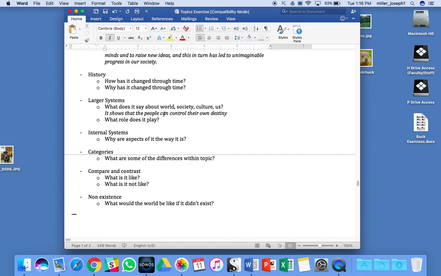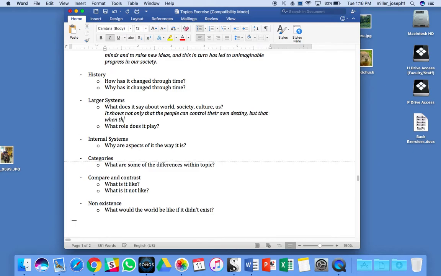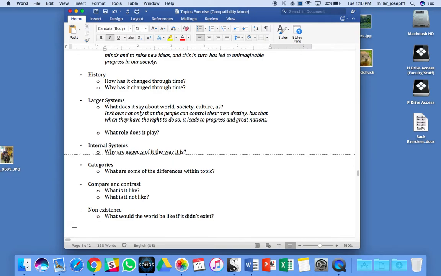Shows not only that people can control their own destiny, but that when they have the right to do so, it leads to progress and great nations. And what role does it play? All right, well, this takes us in a different direction.